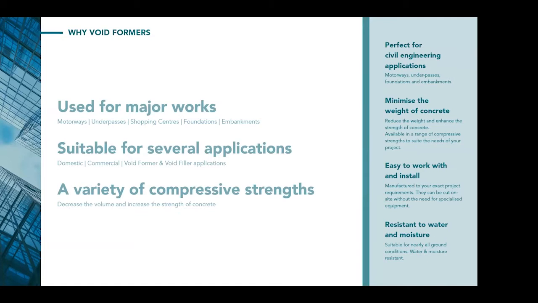The EPS can be utilized for a variety of void former and void filler applications. We can decrease the volume of concrete or increase the strength of the concrete by using a void former. The core EPS is that we have various ranges of compressive strengths in the EPS. So, depending on what the project requires, we should be able to fulfill it with an EPS product.